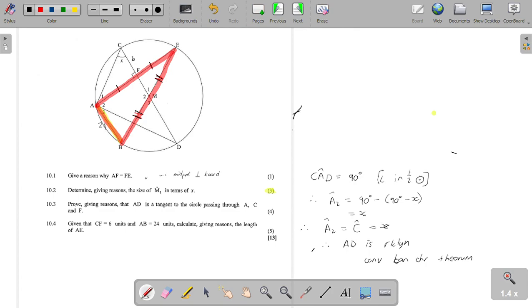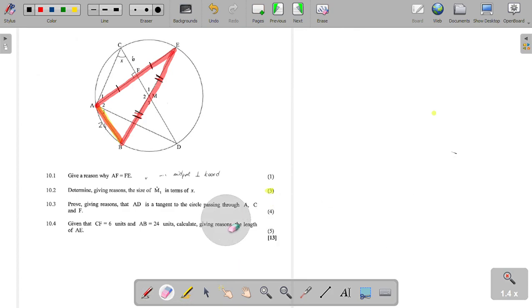Okay. So, AF is equal to FE and ME is equal to MB.